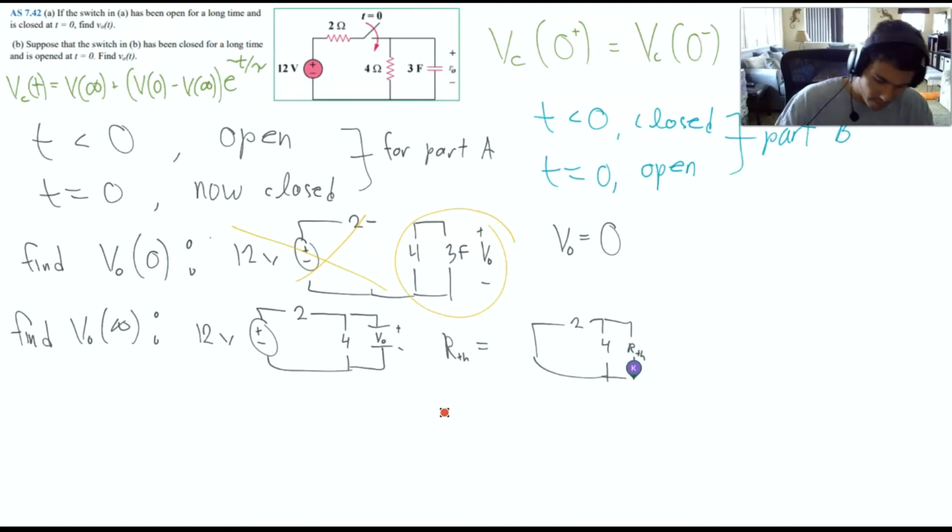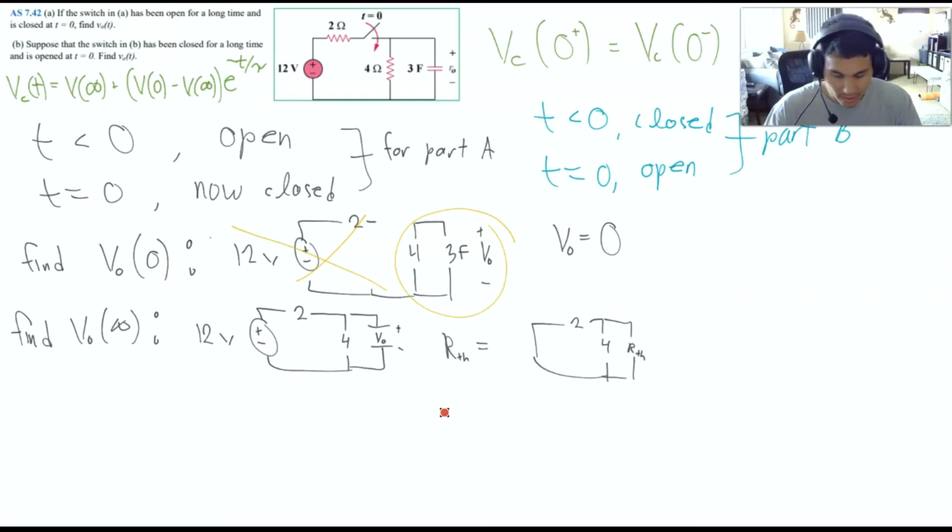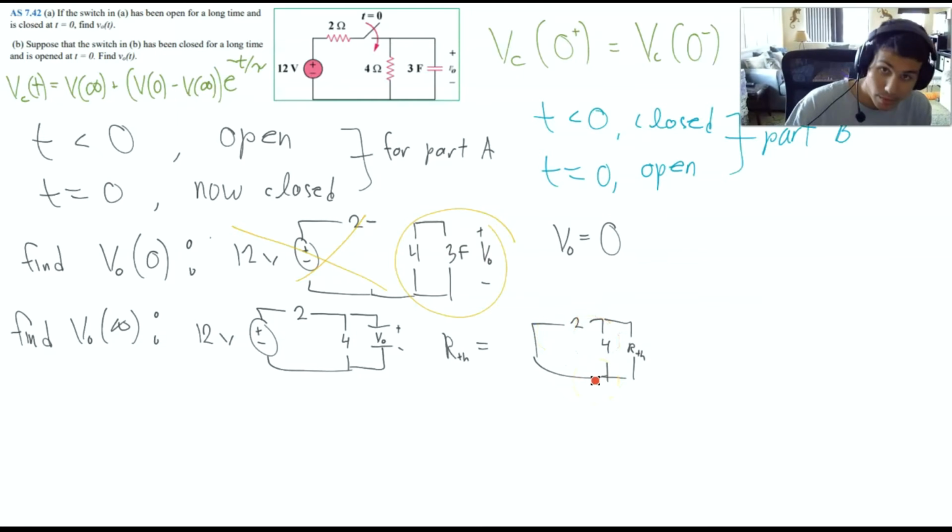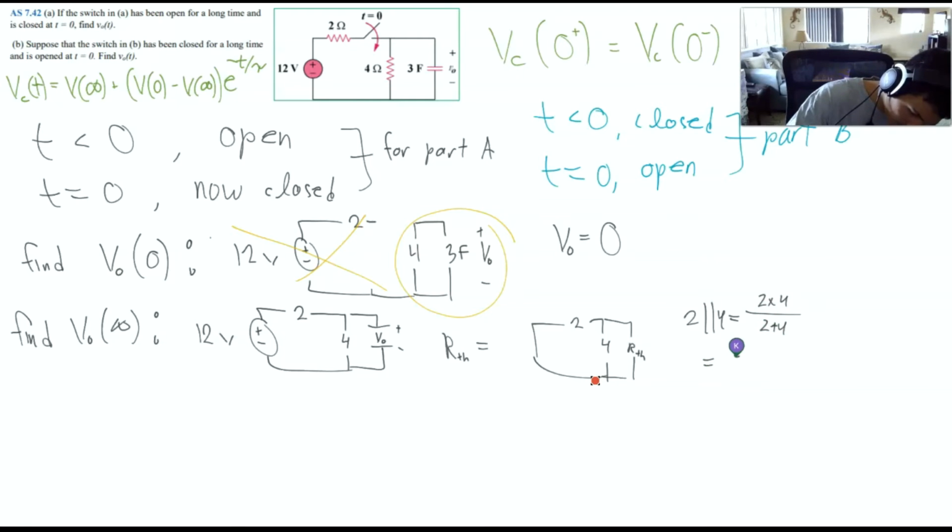These two are sharing a node here and a node here, so aren't they in parallel? Yeah, they are. So it's 2 parallel 4, which is 2 times 4 divided by 2 plus 4, equal to 8 over 6, which is 4 over 3.